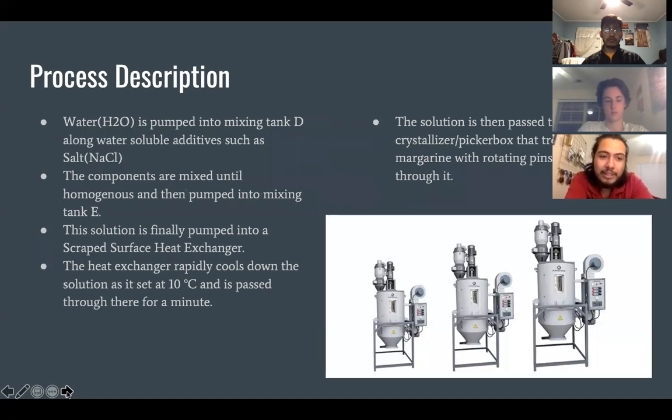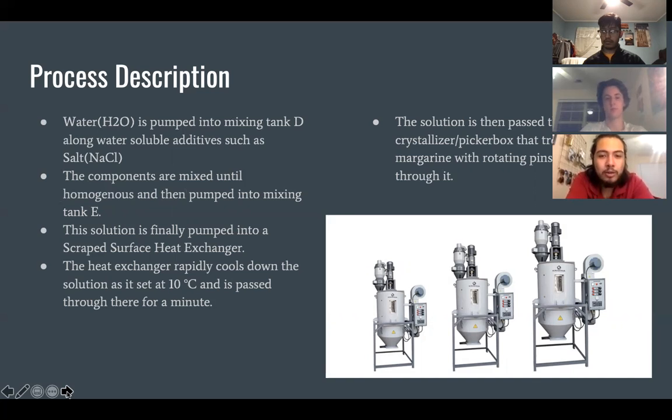In a fourth mixing tank, water is pumped into it along with salt and other materials such as preservatives, which are crucial to our product in order to maintain a long shelf life. Our main preservatives are citric acid and sodium benzoate.